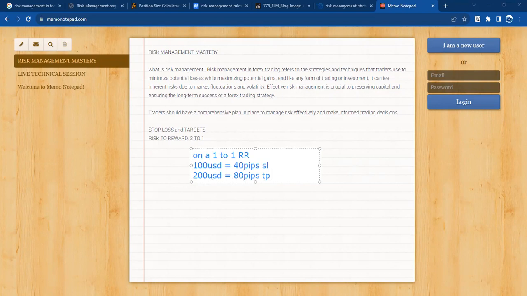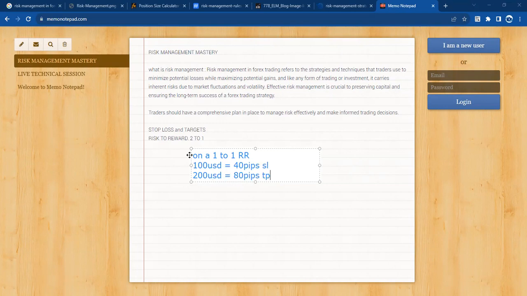So if you have something like this and you lost 5 trades, you lost 500 USD. If you won 5 trades in this case, you won 1000 USD, which means at the end of the day, you have 500 USD profit to yourself.